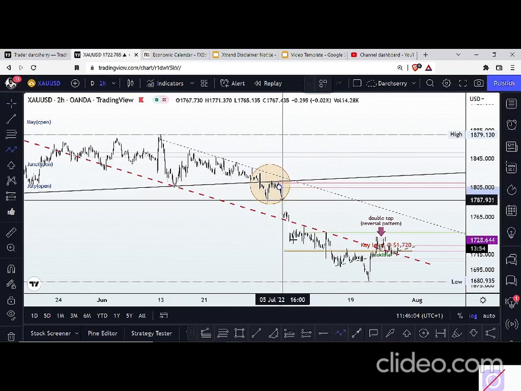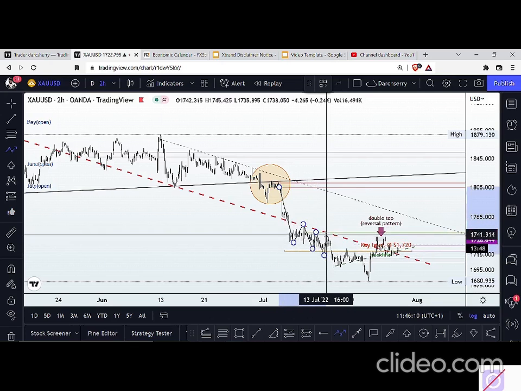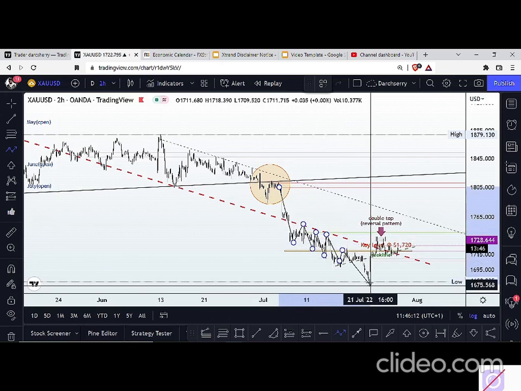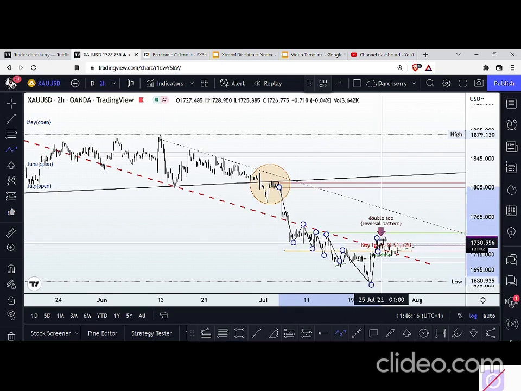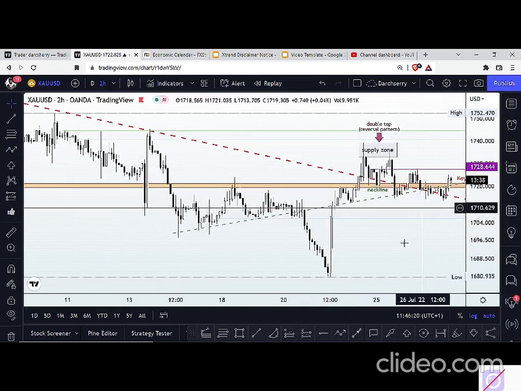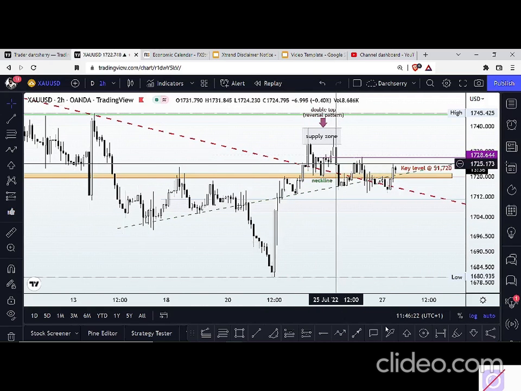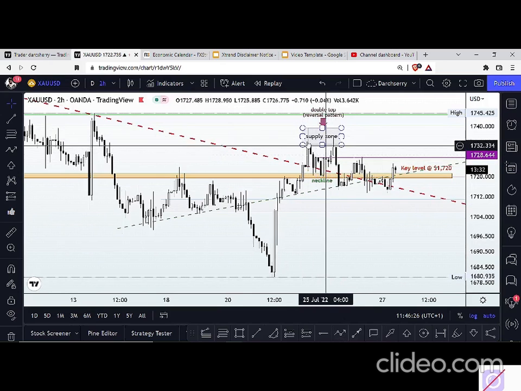We saw it respect it once, the second time, the third, and then price broke out of that level here to form a double top structure.